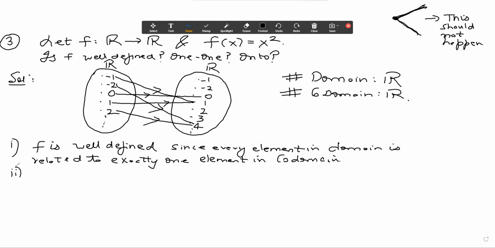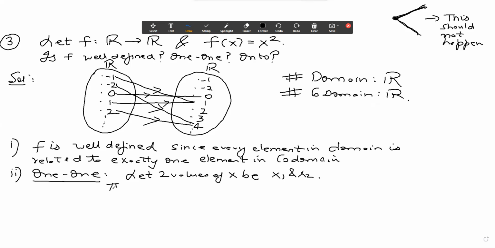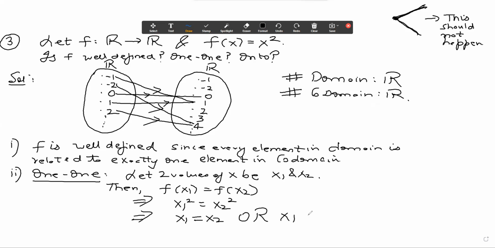Is it 1, 1? How do we check for 1, 1? Let the two values of x be x1 and x2. Then f of x1 equal to f of x2 implies x1 square is equal to x2 square, which implies either x1 is equal to x2 or x1 is equal to minus x2.